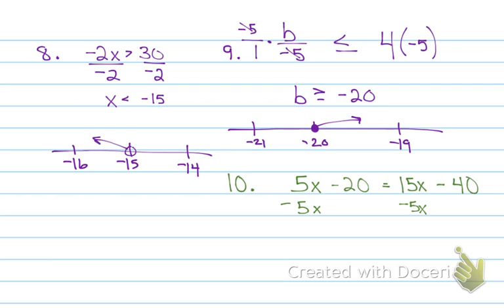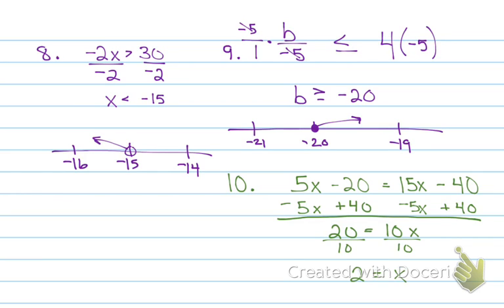Subtract 5x from both sides. You want to move the smaller of the two variables. And if you move your smaller variable this way, which way is your number going to move? To the left. Okay, so it's that swing motion. Add 40 to both sides, and now 20 equals 10x. Divide by 10. X equals 2.